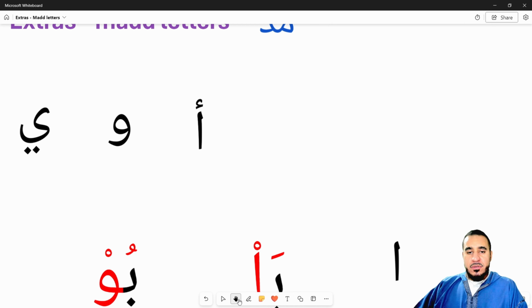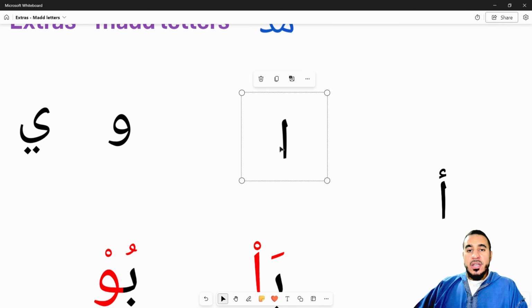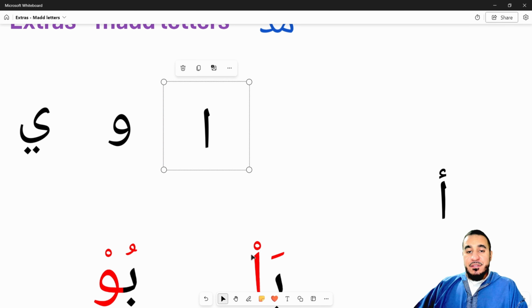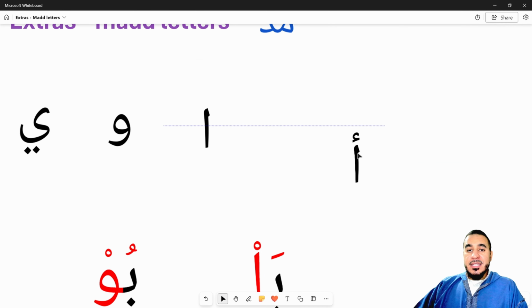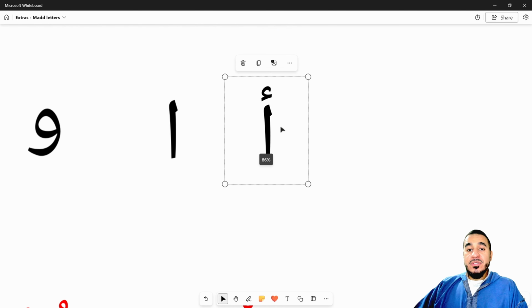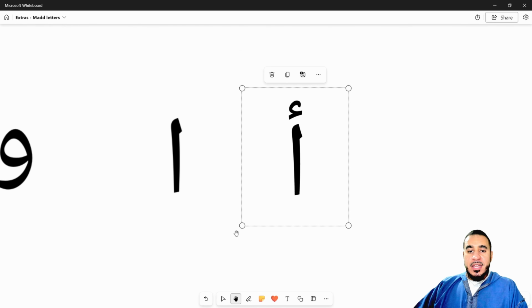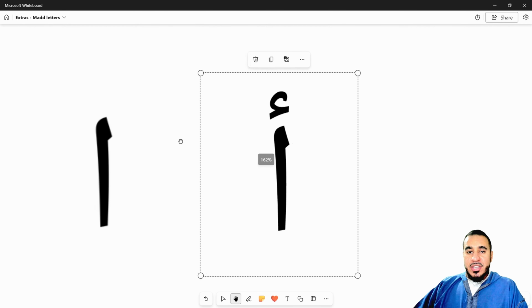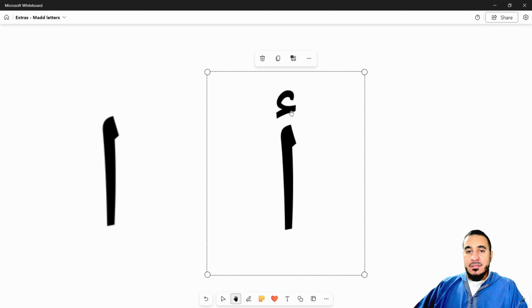But first of all, I just wanted to mention that when we use the alif as a letter of med, then it will come without this hamza. This little symbol that you can see above the alif is actually called a hamza.